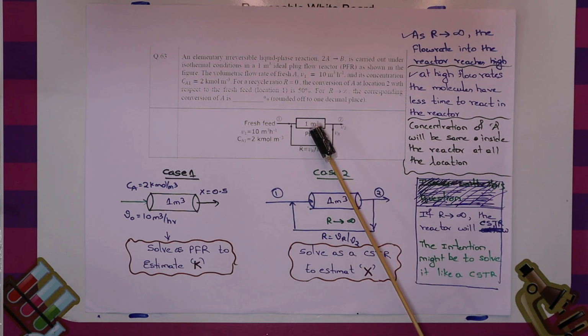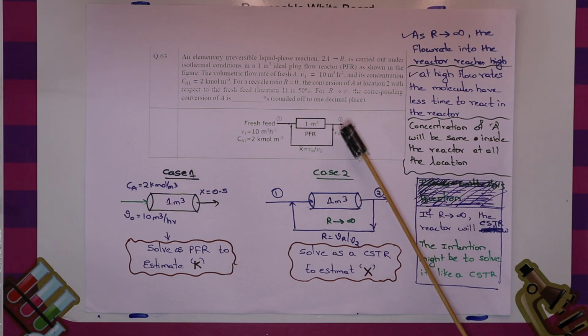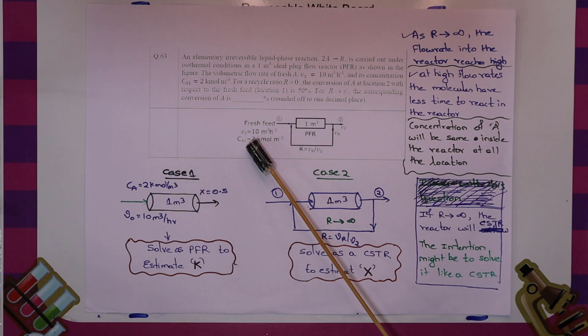The question asked is: if you try to increase the recycle ratio, that means increase the flow rate of this inner loop, what is going to happen? If you infinitely increase R, what will be the conversion of A for a given initial concentration of A and volumetric flow rate of A?